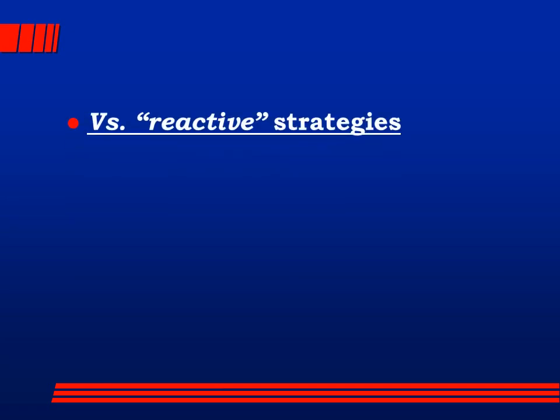Just like the proactive strategies, we're talking about being proactive, or getting ahead of things, rather than being reactive. You never want to get into a reactive situation with a student who has behavioral difficulties, because really what's happening, if that does occur, is the student's calling the shots.